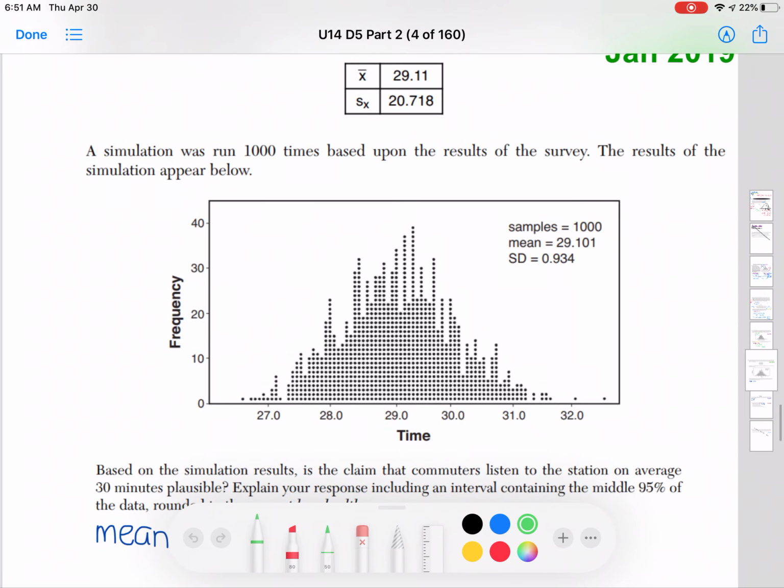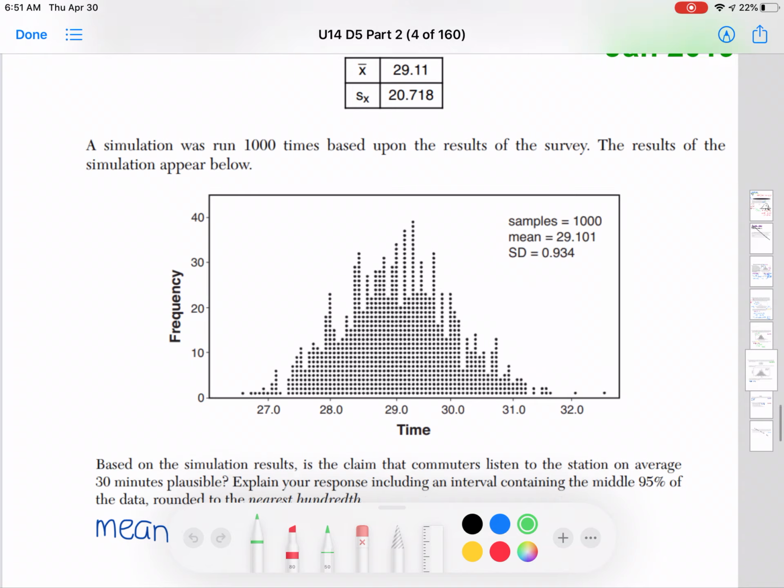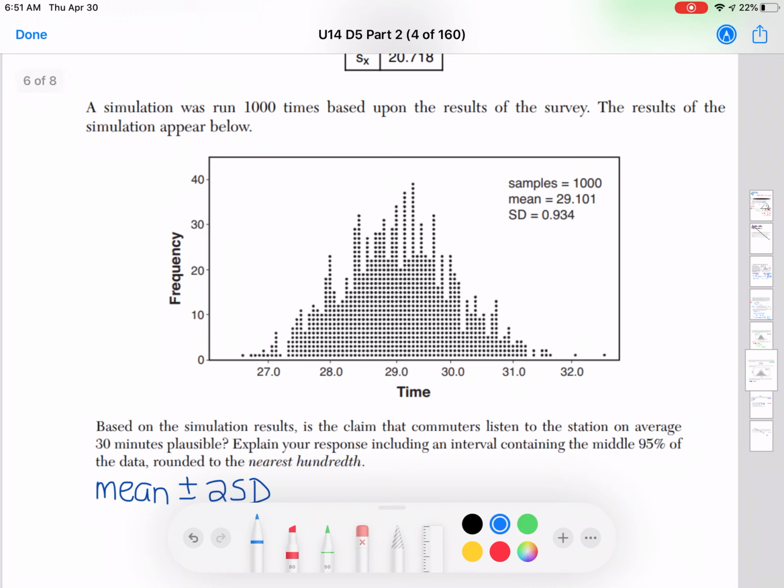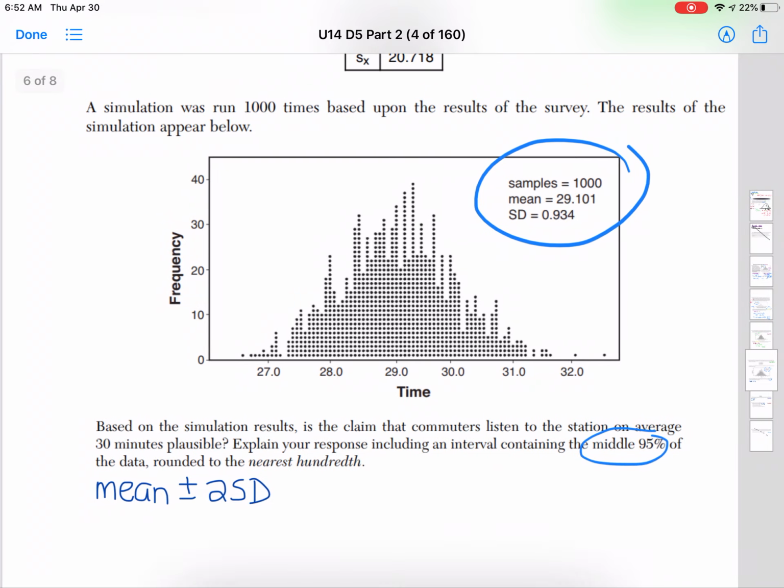Now it says here, a simulation was run 1,000 times based on the results of the survey. So these are the results that we got. This is the information that we're going to use now because they took that one sample above and created this simulation. It says, based on the simulation results, is the claim that commuters listen to the station on average 30 minutes plausible? Explain your response, including an interval containing the 95% of the data.